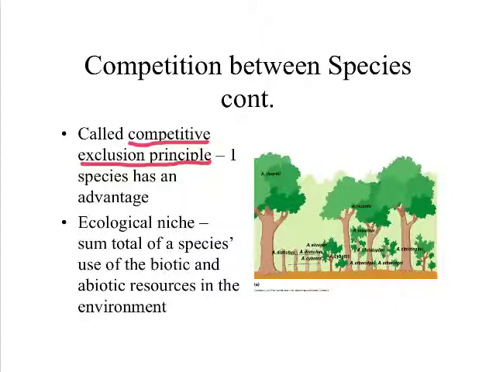No, there's what we call ecological niches. Basically this is the total of a species' use of biotic and abiotic resources in the environment. So we can have different plant species use or take up different niches within that community.